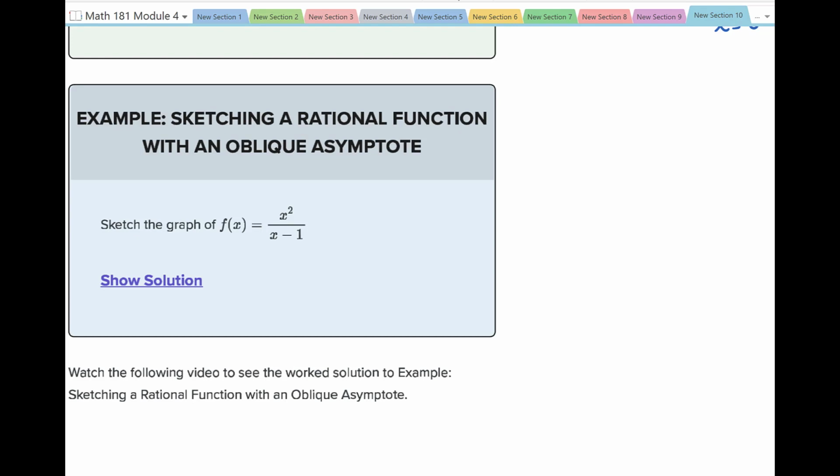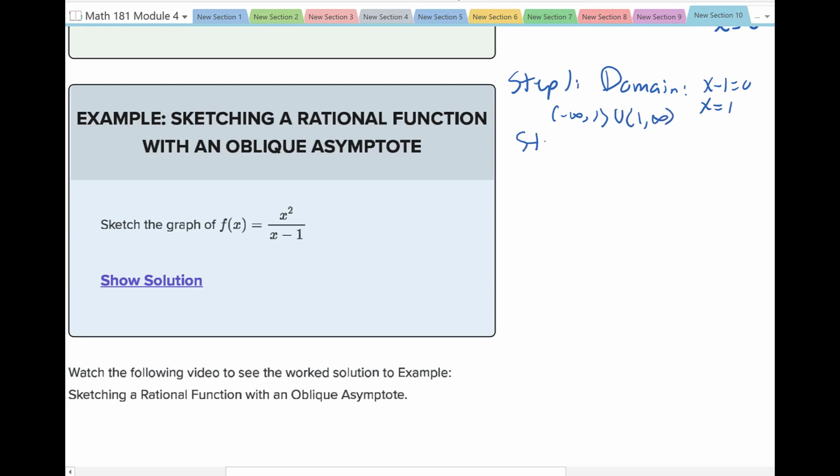So, step 1, we have a domain. The denominator x minus 1 equals 0, so x equals 1 can't be in the domain. So it's going to be negative infinity to 1 and then 1 to infinity.